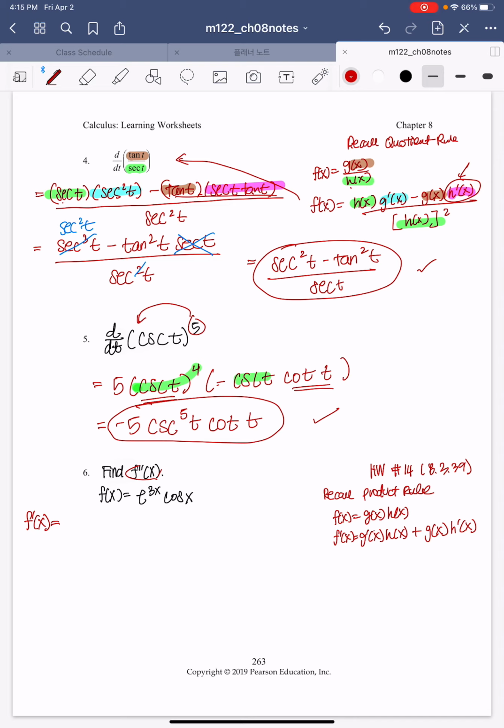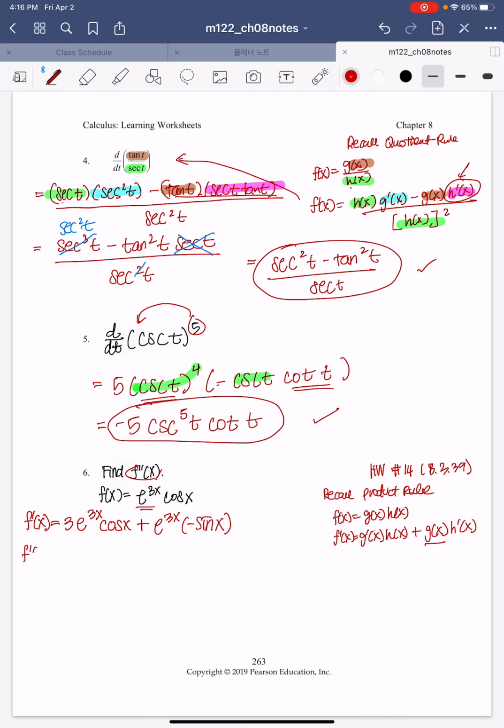So g prime of x, the derivative of e to the 3x, is a chain rule. So e to the 3x, derivative of 3x is 3. So I have 3e to the 3x, and then h of x, just cosine x, plus the original g of x, e to the 3x, times the derivative of cosine, which is negative sine x.